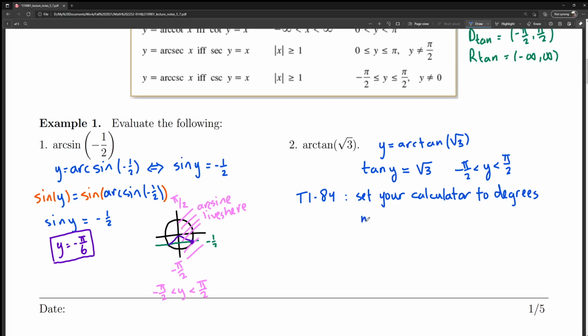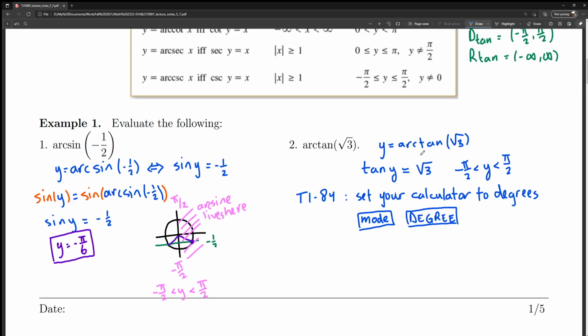Typically you always want to have your calculator in radians when you work in calculus, but in order to figure out what these values are, you can set your calculator to degrees. You go to mode, and then you select degree. There are two options there for most TI-84s, so you go mode, and then you select degree instead of radians.